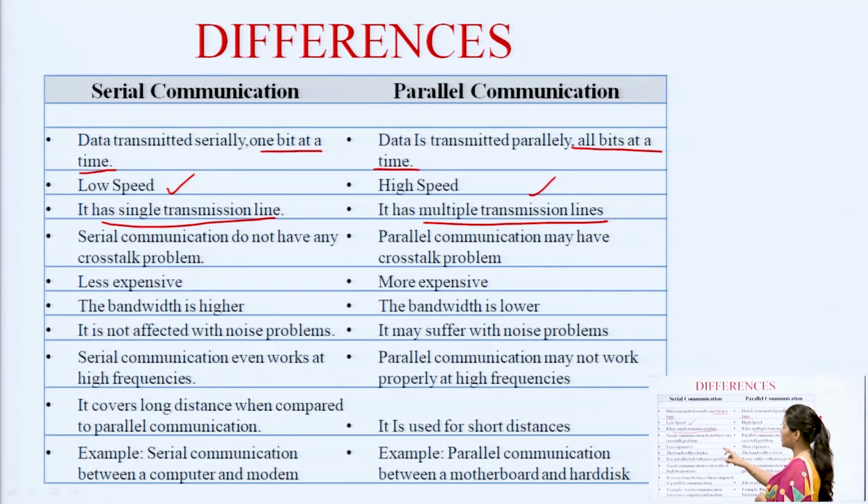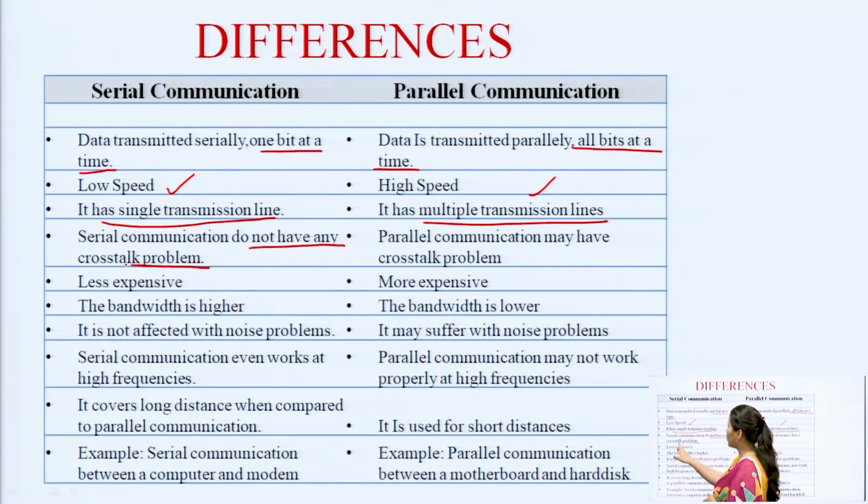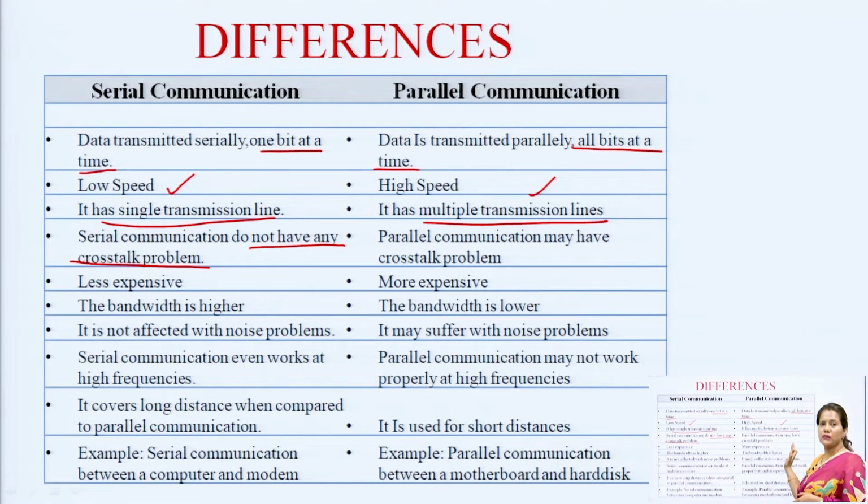Serial communication does not have the crosstalk problem. What is this problem? In parallel transmission, since there are multiple lines and the bits are transferred simultaneously, when a bit is being transferred on a single line, it will obviously create some disturbance to the next line.